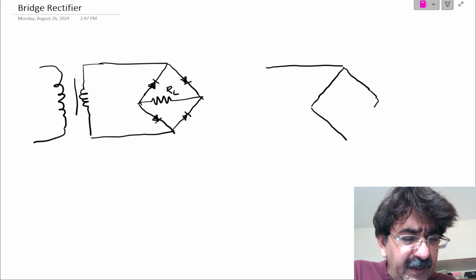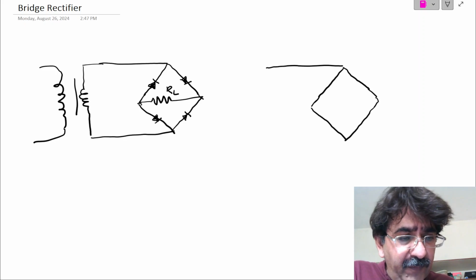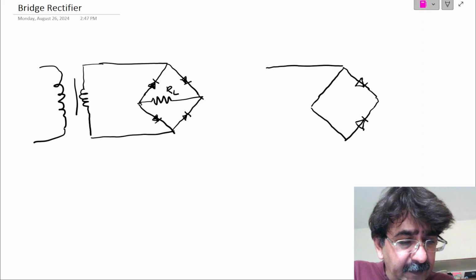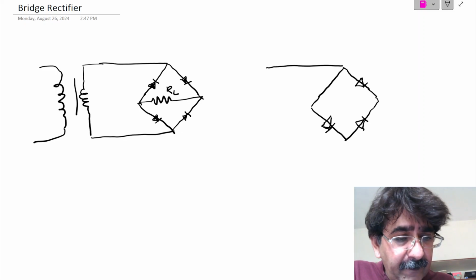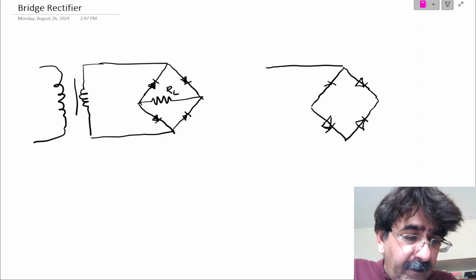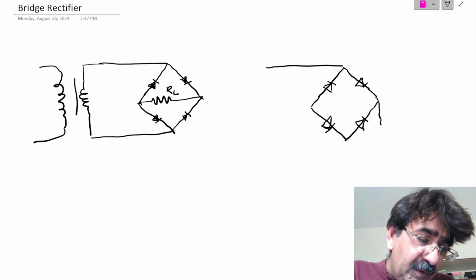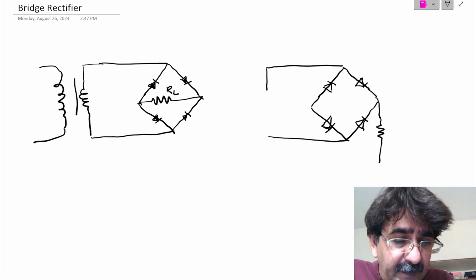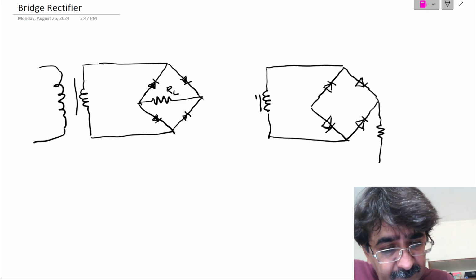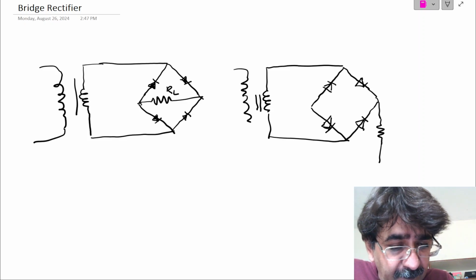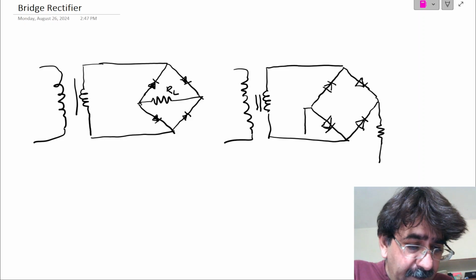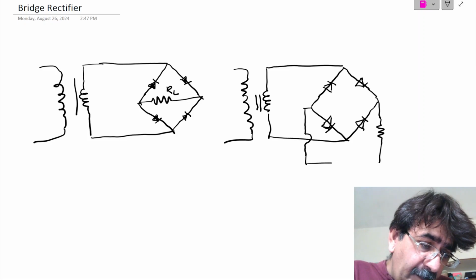The diode order will be the same as used in circuit 1, but the load resistance will be arranged in this way, and it also uses a simple transformer as in circuit 1.